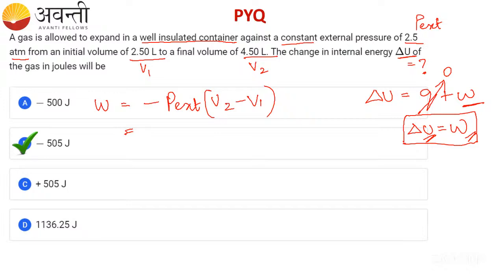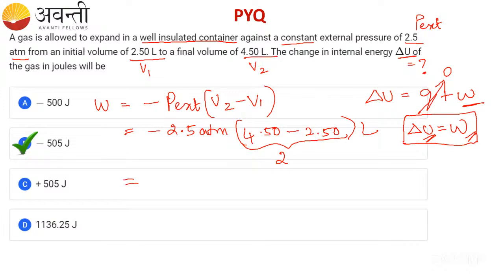External pressure value is 2.5 atm and V2 is 4.5 liter and V1 is 2.5 liter. If we subtract this, we will get 2, right? And 2 into 2.5 is equal to 5, so minus 5 liter atmosphere.